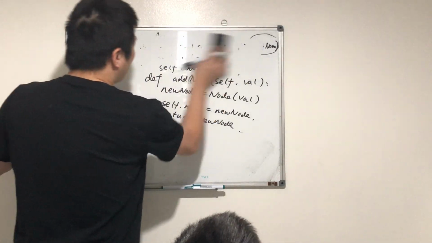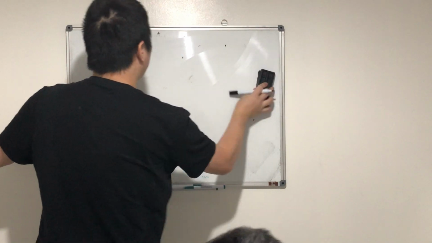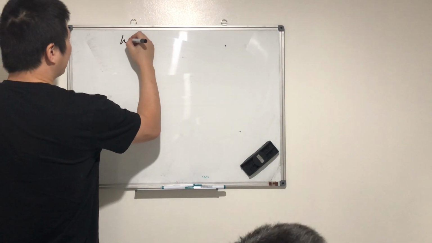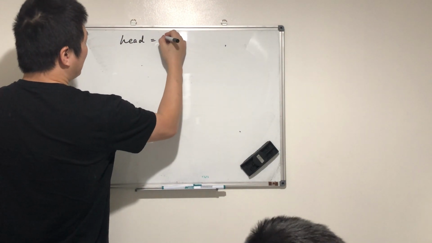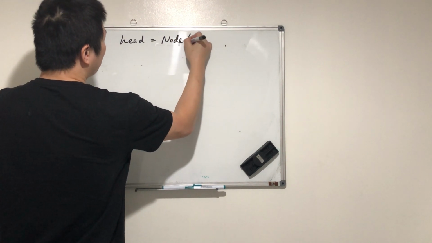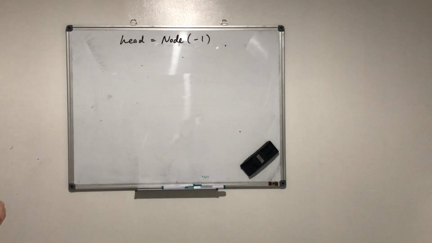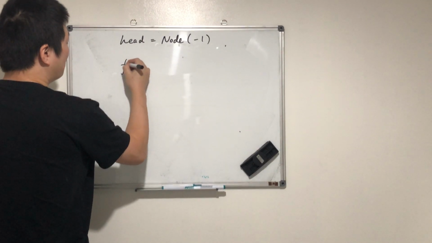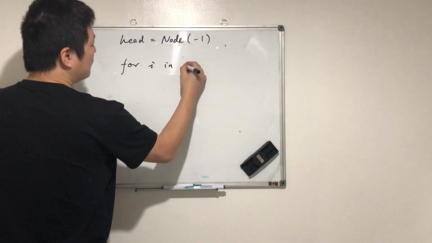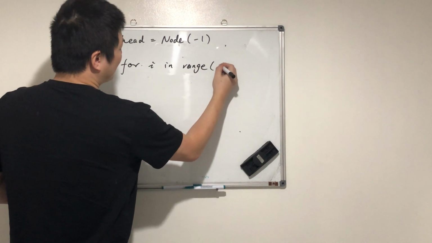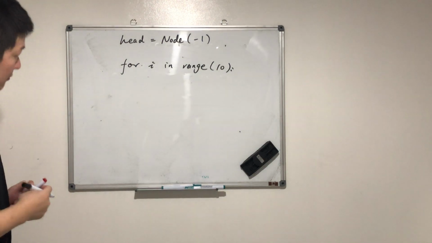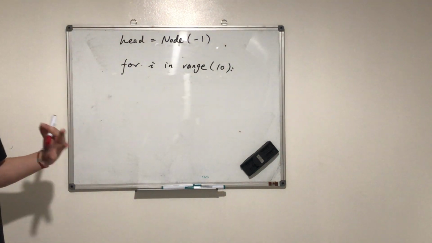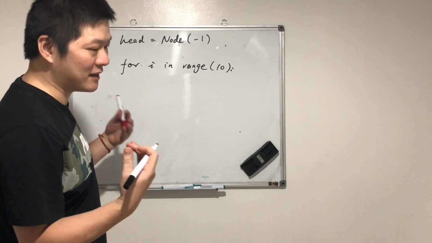Now if I write a program, you tell me what will be the output. Okay? So I have head equals Node(-1). Then for i in range 10, for example. I will write the program and then you tell me what's the answer, okay?